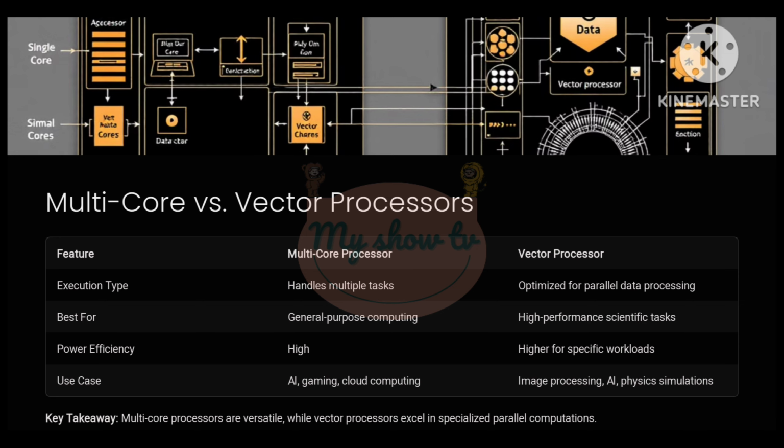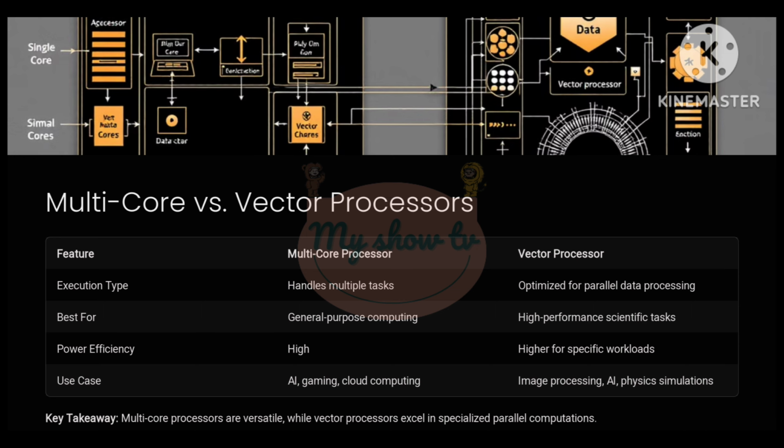Multi-core processors, optimized to balance power consumption and performance. Reduces overall energy usage by distributing tasks across multiple cores. Vector processors, more power efficient for specific workloads where massive data sets need parallel processing. Consumes less power than multi-core processors when performing repetitive mathematical computations.